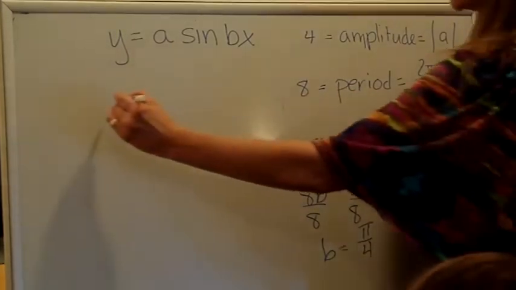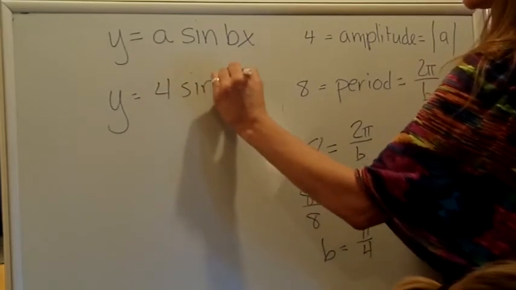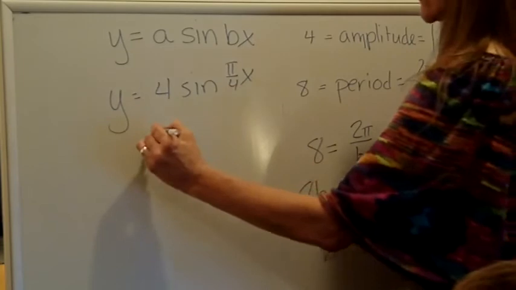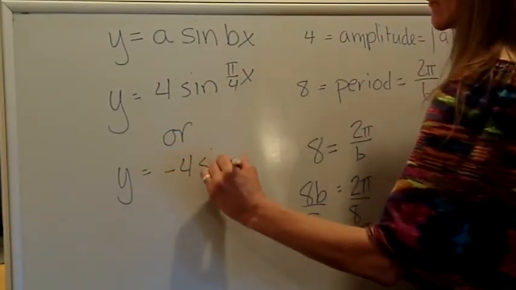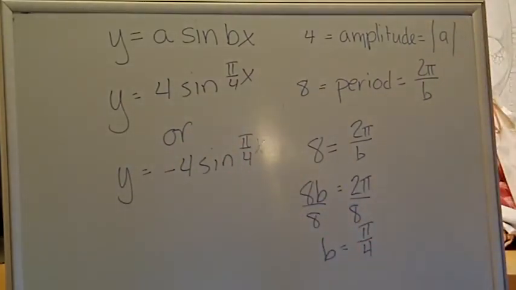So my equation needs to be either y equals 4 sine pi over 4x, or y equals -4 sine pi over 4x. Both of them don't need to be there because this is true for both of those equations. So we look at our choices. A is out, B is out, C is out. Has to be D. Has to be D.